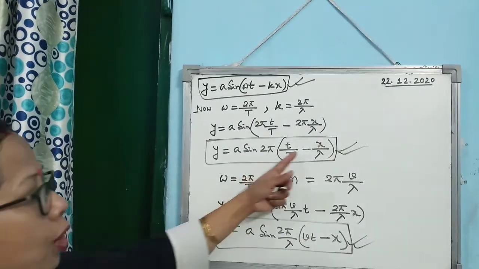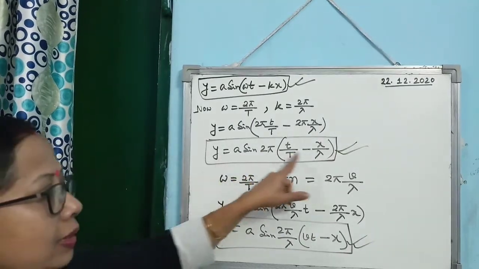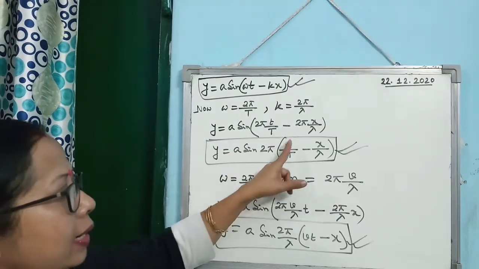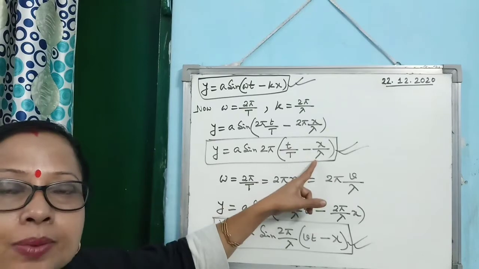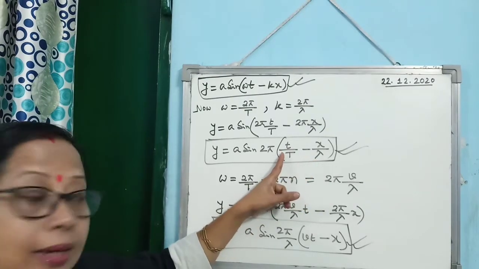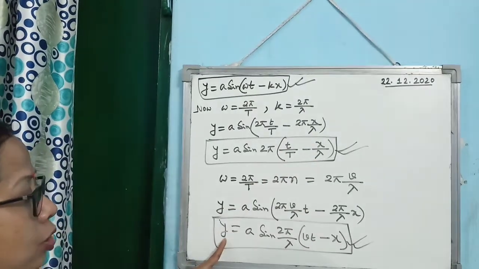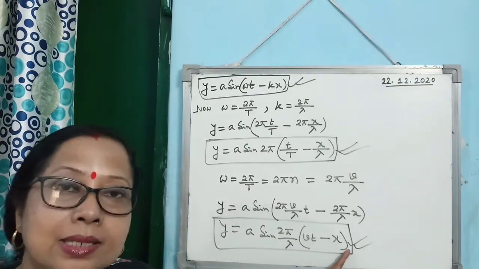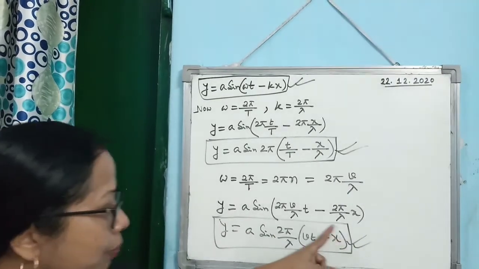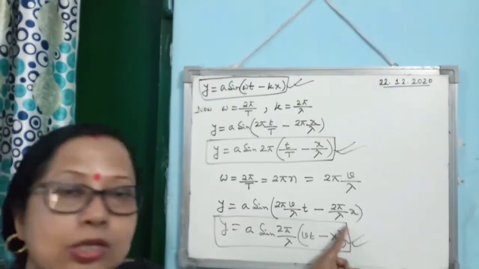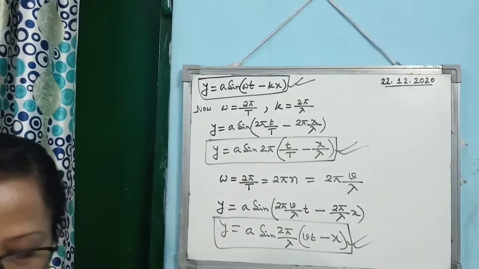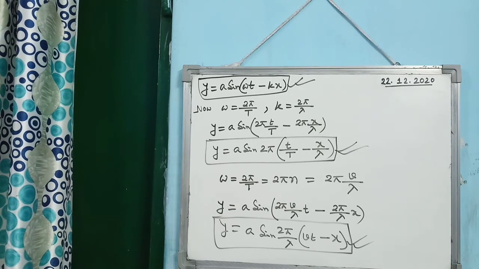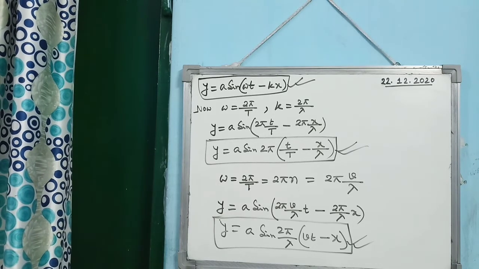By taking the common terms out, you get y is equal to A sine 2 pi within brackets t by T minus x by lambda, where T is the time period. And one can write this also: y is equal to A sine 2 pi by lambda, vt minus x. In some cases we prefer this third one also. Alright, so these are the different forms of the equation of a progressive wave.